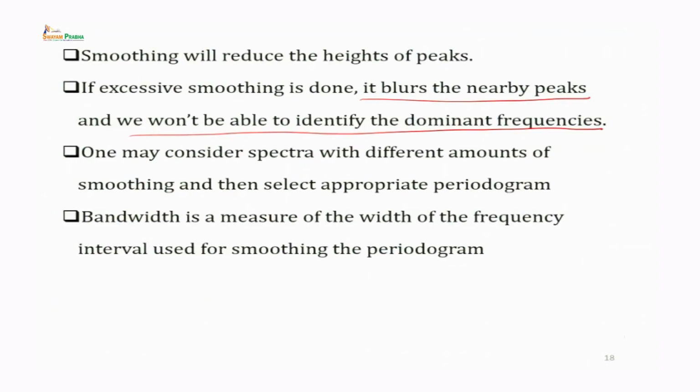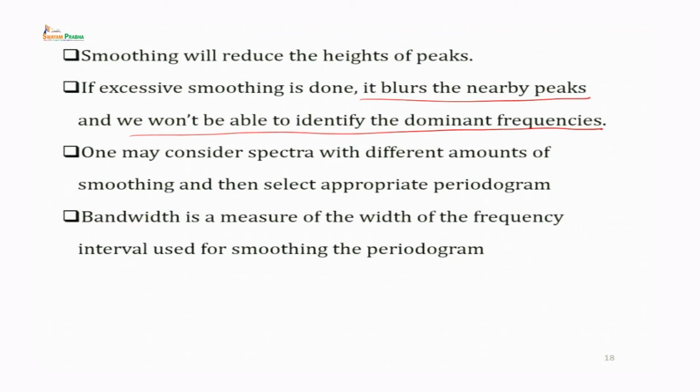And if you do over smoothing, again you face the problem that it blurs the nearby peaks, and you will not be able to identify the dominant frequencies. Then one of the options is that you may consider spectra with different amounts of smoothing and then select the appropriate periodogram.